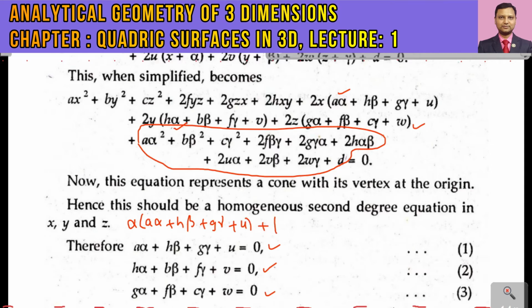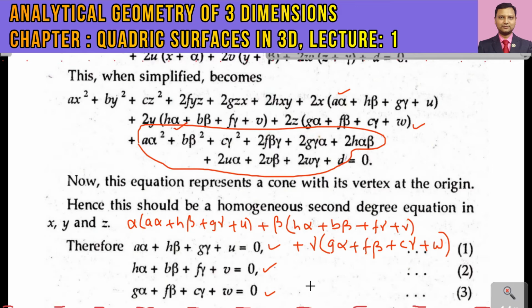Then b into the second expression, h alpha plus b beta plus f gamma plus v. Then plus gamma into the third expression, that means g alpha plus f beta plus c gamma plus w.